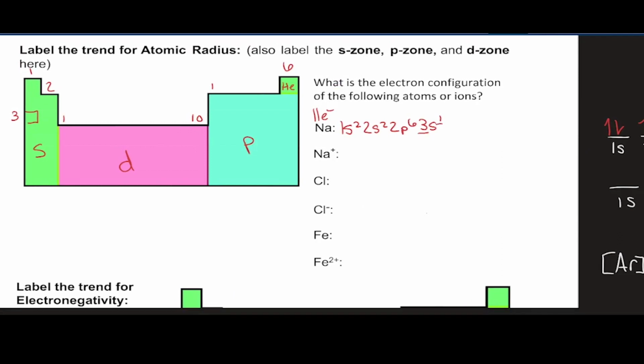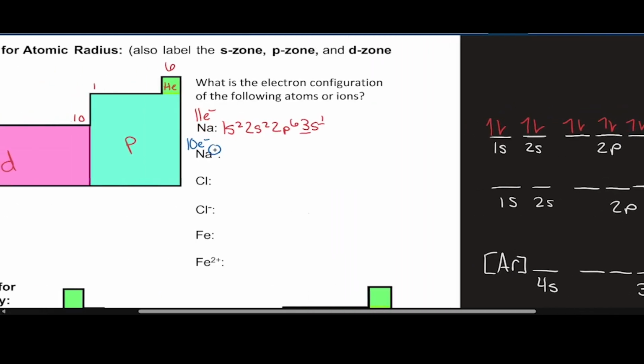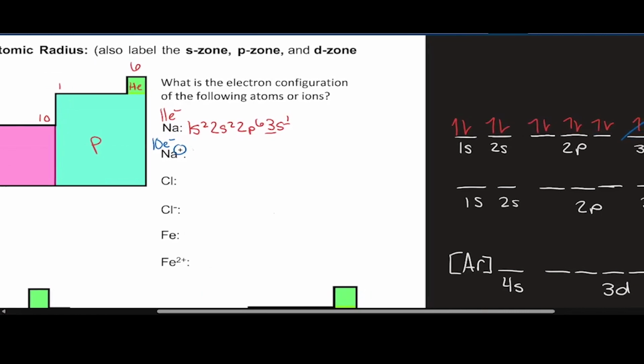Now what happens when we have the sodium cation? This means it's positively charged, so we're going to remove 1 electron, meaning it's going to have 10 electrons, and we're going to remove what's the easiest, which is this 3s electron right here. This gives us a new electron configuration of 1s2, 2s2, 2p6.